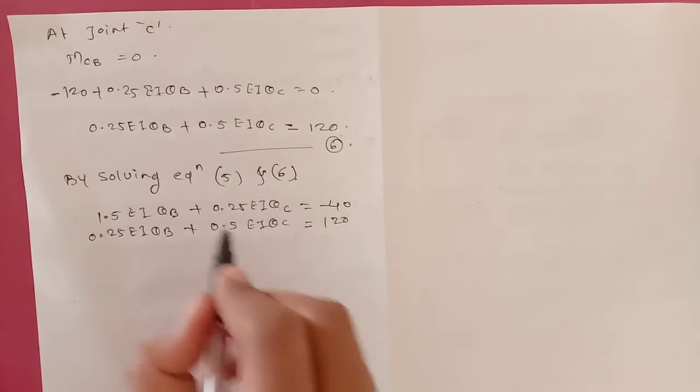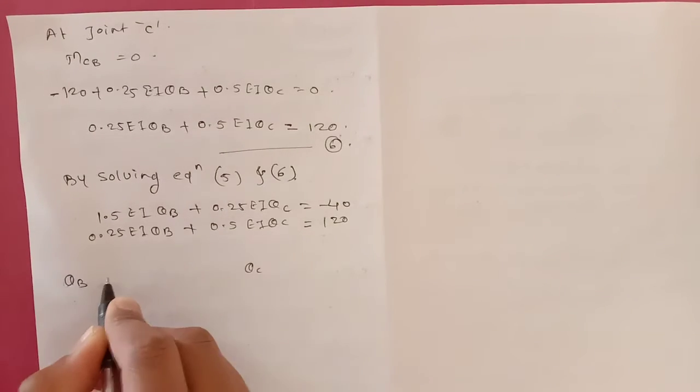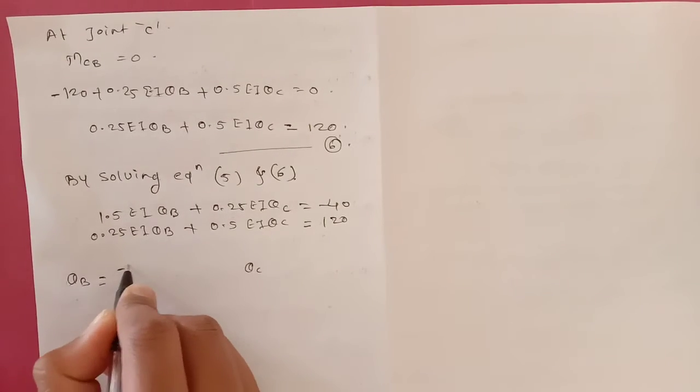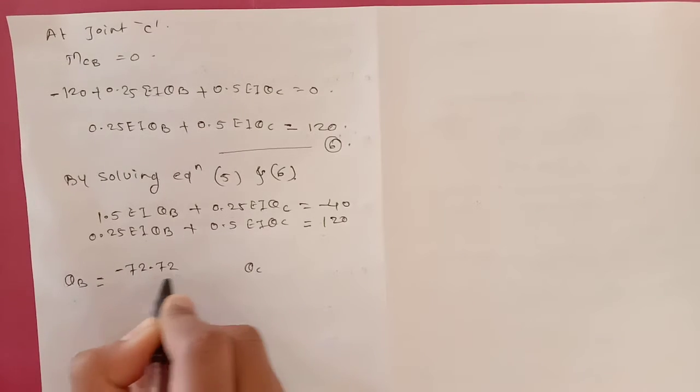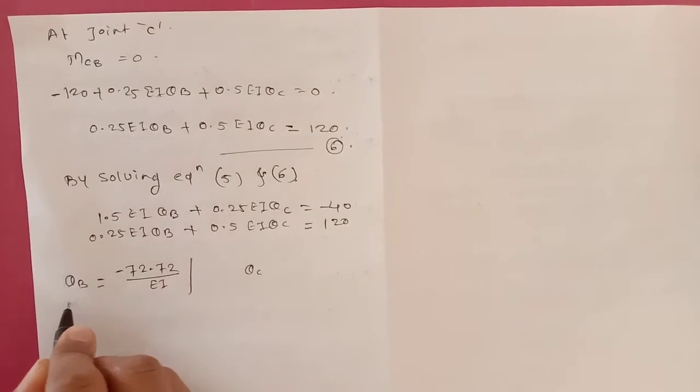Okay, from both these equations we get the values of theta B and theta C. So the theta B value is 72.72 divided by EI. This is our theta B value.